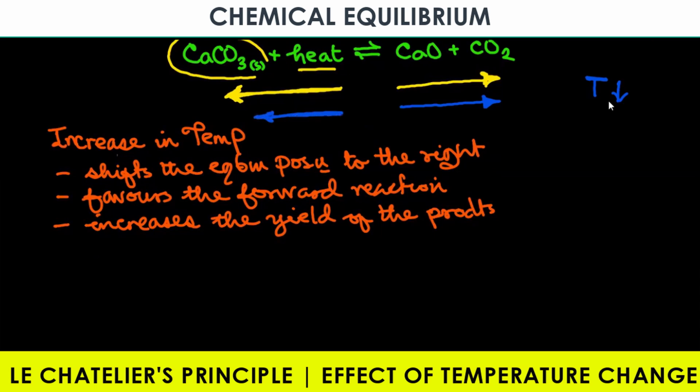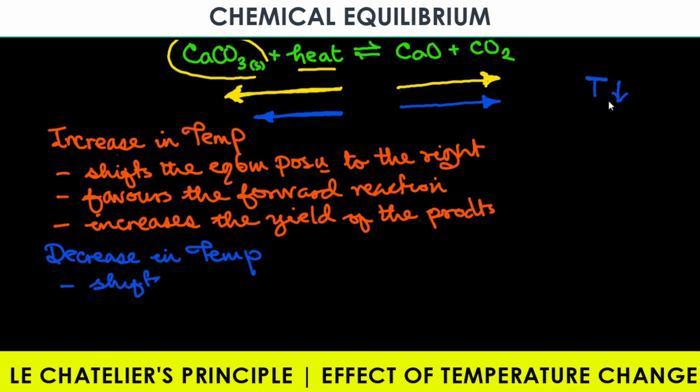Are we together? So, which means that if you decrease the temperature of an endothermic reaction, it will cause the products to decompose back to the reactant, and our equilibrium position will shift to the left. All right, let's put that down. Decrease in temperature for an endothermic system does what?